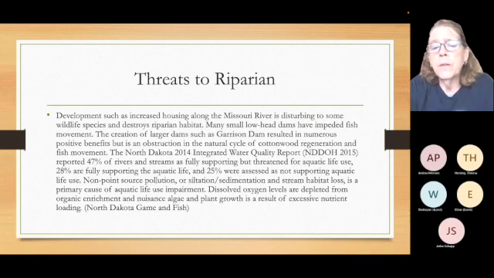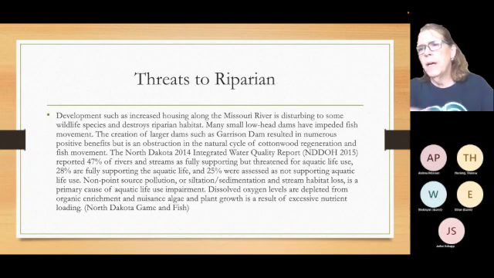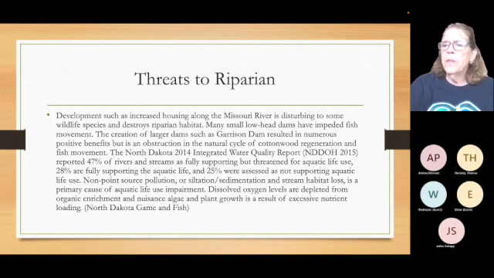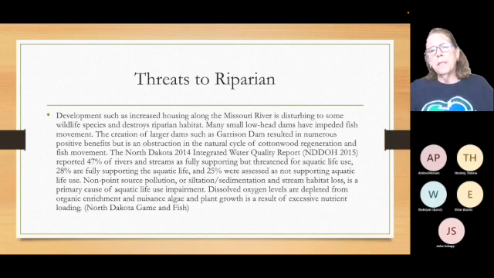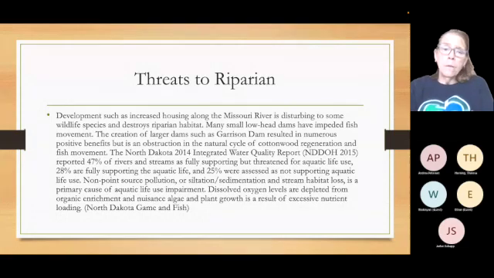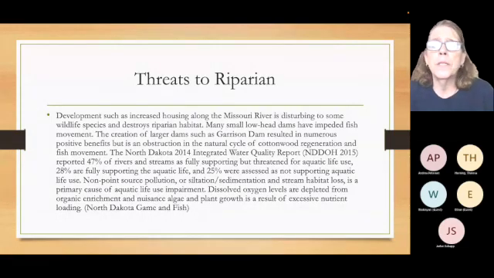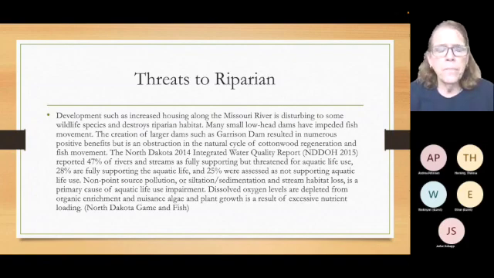If you simply go to the North Dakota Game and Fish, the whole article that this came from is located there, and I strongly encourage you to read it. So what are some things that can threaten our riparians? Well, one of them is recreation. We just talked about the sandbars, and I live on the Missouri River and I know how popular they are in the summer as places to gather.